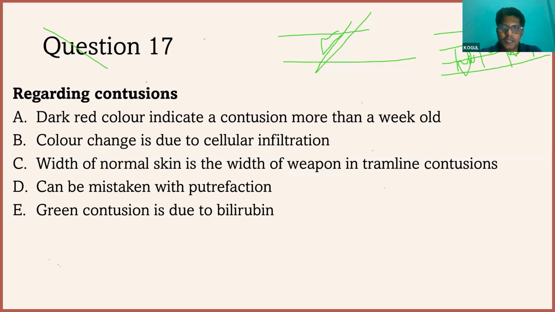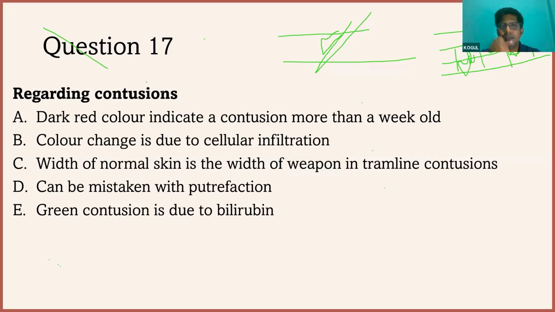So the normal skin width is the width of the weapon in a tramline contusion. What is your answer? True or false? When the tramline contusion is there, how do you identify the width of the weapon?